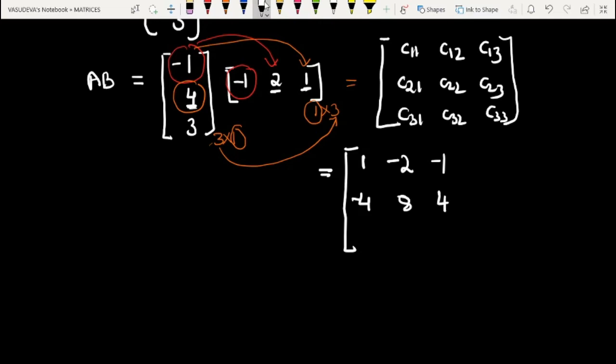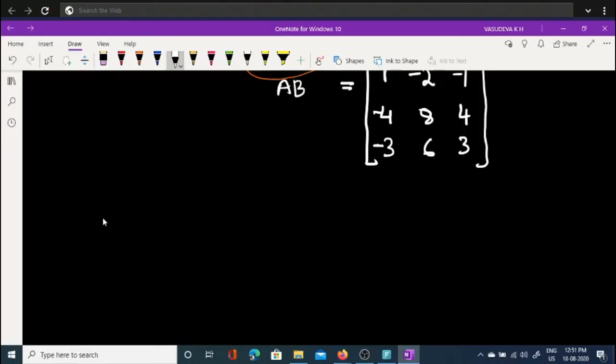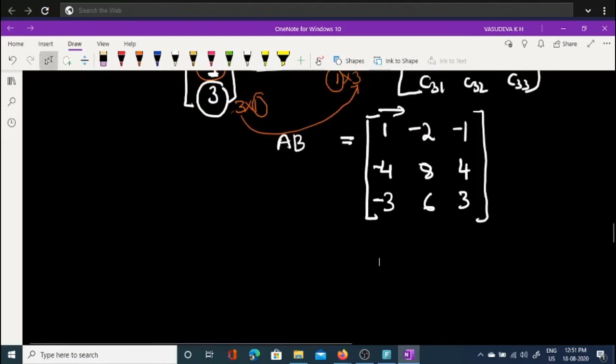Second row is over. Then multiply 3 with all the elements of the second matrix: 3 into minus 1 is minus 3, 6 and 3. So it is a matrix of order 3 by 3. So AB is the matrix 1, minus 2, minus 1, minus 4, 8, 4, minus 3, 6, 3.